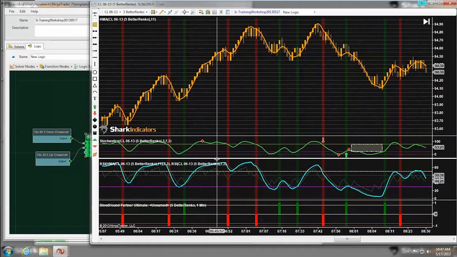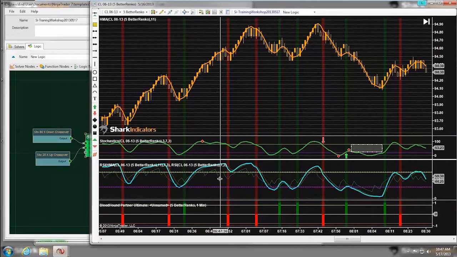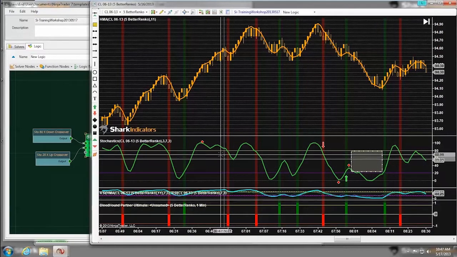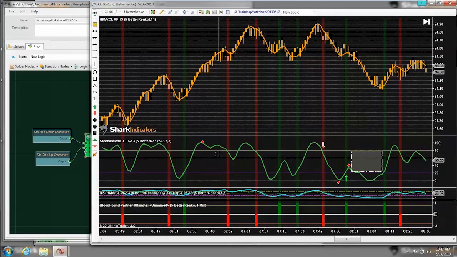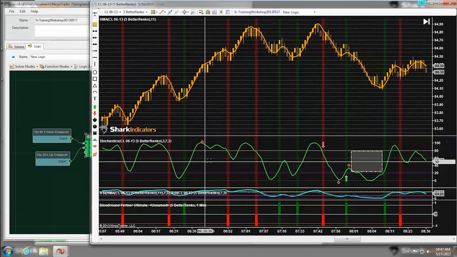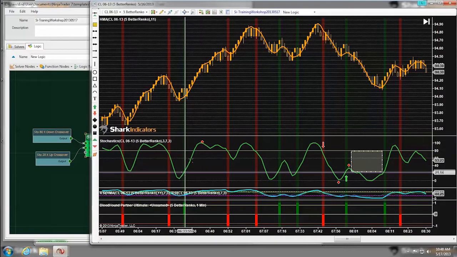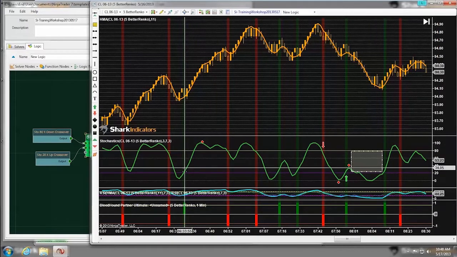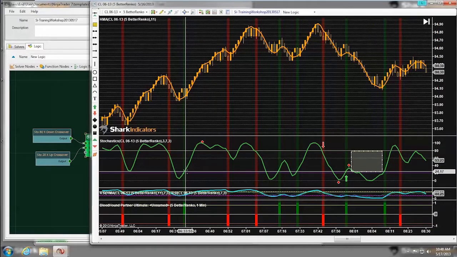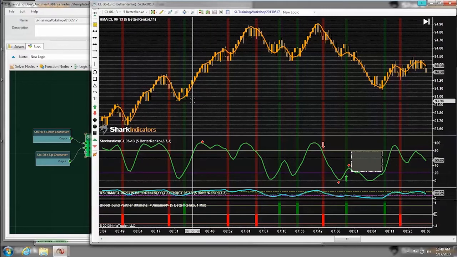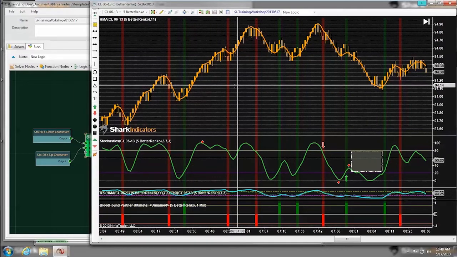I was trying to get it to behave the same, but it was just a little too erratic, and I didn't think it made a good example. So I'm going with the stochastics. I think it makes a slightly better example. But I'm sure there's other indicators out there that can be used for the same concept to provide you with a long or a short bias situation.